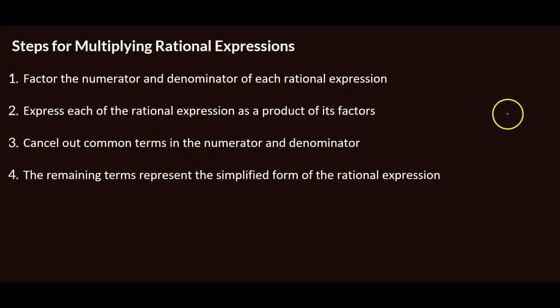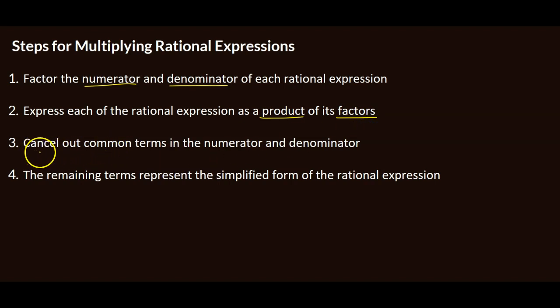Now let's talk about the steps that are recommended when you are multiplying rational expressions. The first thing we're going to do is factor the numerator and the denominator of each rational expression, and then express each of these rational expressions as a product of its factors. When you factor an expression, you're going to get some factors.